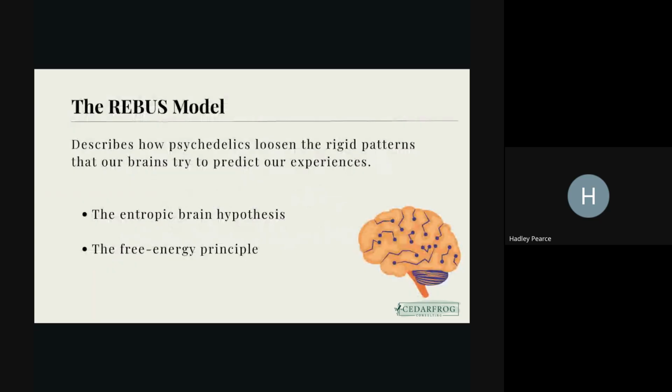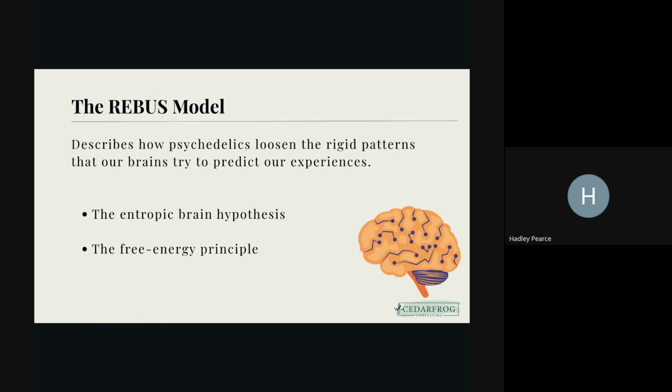So the REBUS model describes how psychedelics loosen the rigid patterns that our brains use to predict our own experiences. So our brains constantly are trying to predict what we see, hear, or feel. And this model suggests that psychedelics break down these rigid patterns.